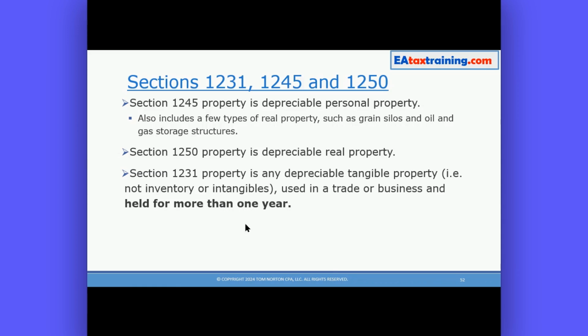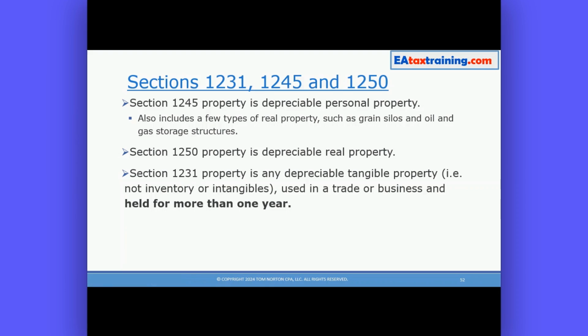So in other words, if you have Section 1245 property or Section 1250 property used in a trade or business and it has been held for more than 1 year, it is also Section 1231 property. So it's not that it becomes Section 1231 property instead of being Section 1245 or Section 1250 property. It fits into both categories. Any of this property, if it's Section 1245 property and it's held for more than a year, it is also Section 1231 property. If it's Section 1250 property held for more than 1 year, it is also Section 1231 property.